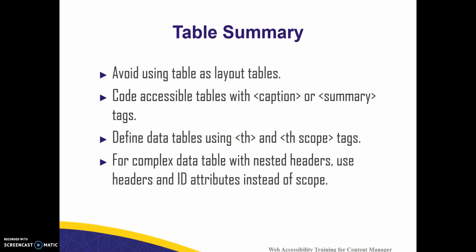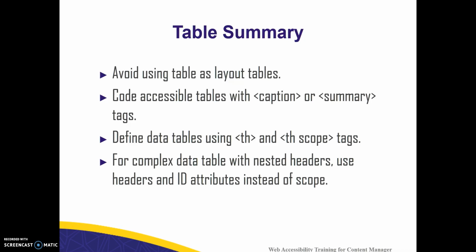Then you display simple tables rather than a complex table when possible. What is a complex table? Meaning the use of merged cells that span more than one or two rows or columns. And you define data tables using the TH and the TH scope tags, like we showed earlier.